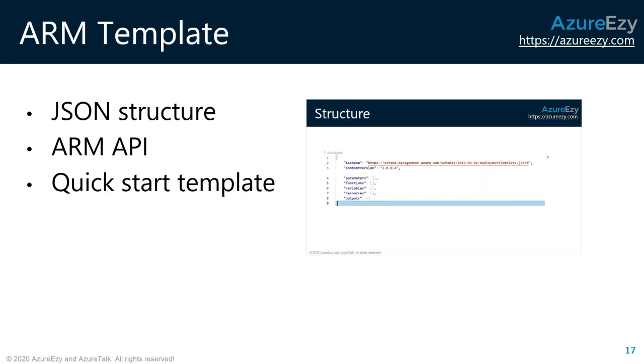There is a quickstart template. We will be posting that link in the chat once our theory is complete. That quickstart template will help you go through some of the already developed ARM templates, which have been released by Microsoft as an open source contribution, and you can actually start working with them.